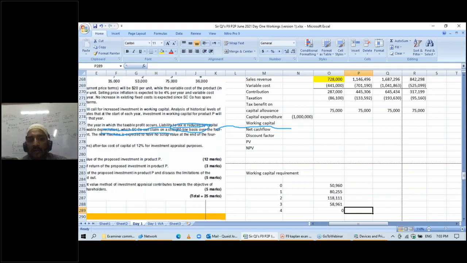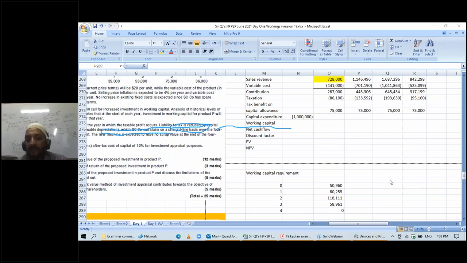So all of the money will come back to the business. As at the end of year 4, all of the funds of working capital invested in the project come back, there will be an inflow to the organization.